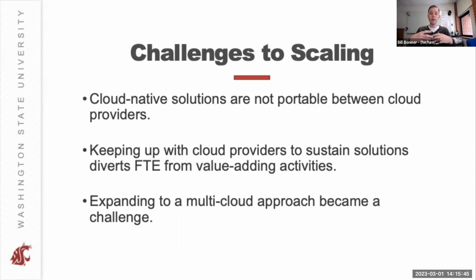From an administration, cost management perspective, it was very challenging for us. And as we looked at introducing other cloud providers, it just wasn't going to work. And so that became probably our principal challenge in expanding to sort of a multi-cloud provider for our faculty and our administrative IT folks here at WSU.